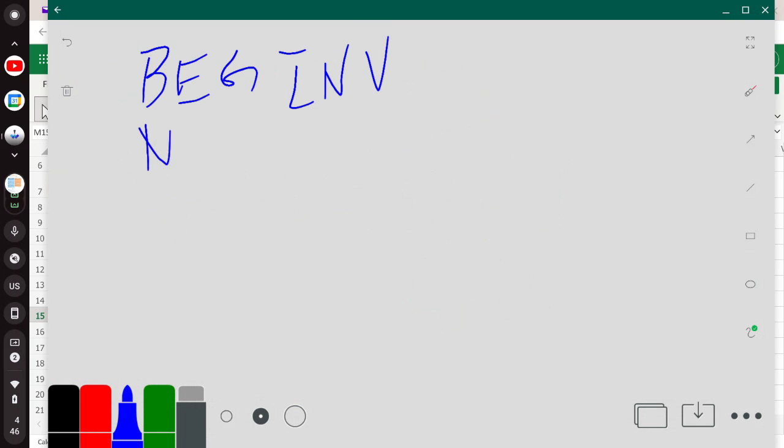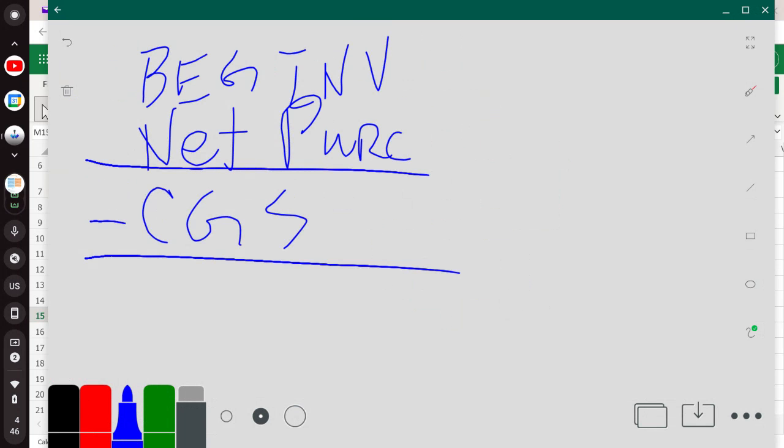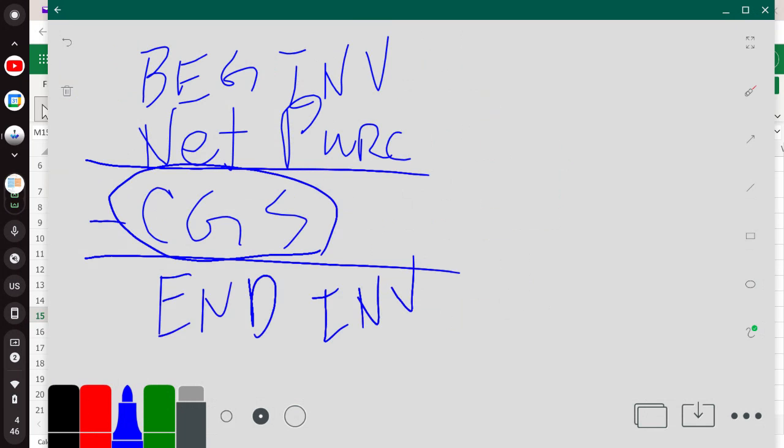Even if he has put it like, beginning inventory, net purchase, CGS, right? And even if you put it like this, you might wonder, can't we easily find what CGS is? Can't we easily know what CGS is?